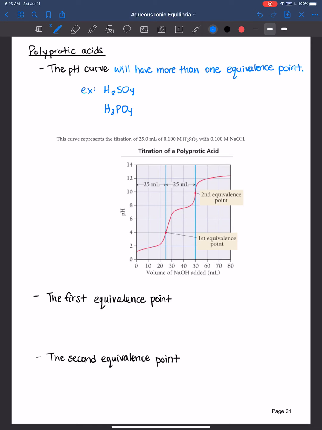And in this example here, you see sulfurous acid, H2SO3, titrated with sodium hydroxide. And so there's the first equivalence point, and then there's the second equivalence point. The first equivalence point represents the titration of the first proton.